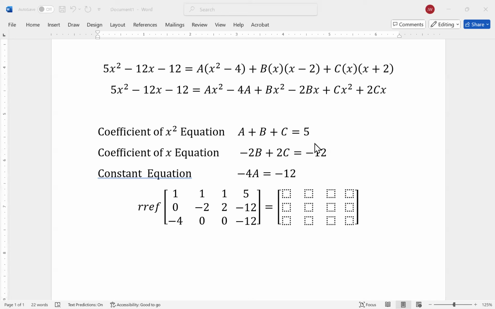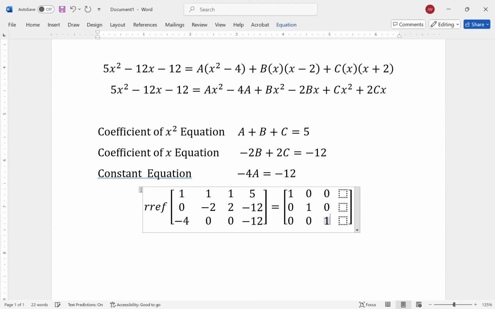Again, check out the tutorial video on that if you want to see how that's done. So what we end up with is this really nice matrix. In the first 3 rows and first 3 columns, we get 1s on the diagonal, 0s elsewhere.